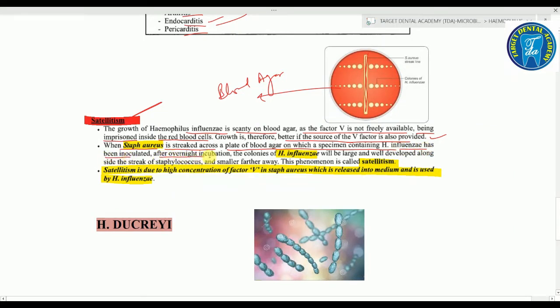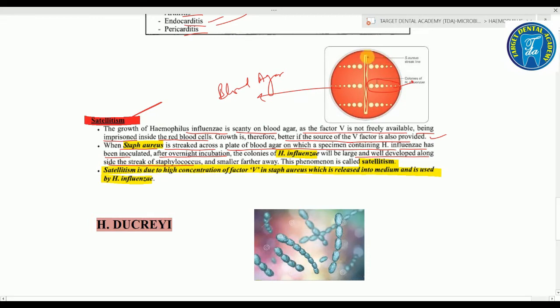after overnight incubation, the colonies of H. influenzae will be large and well developed along the side of the streak of the Staphylococcus and smaller farther away. So this phenomenon is known as satellitism.